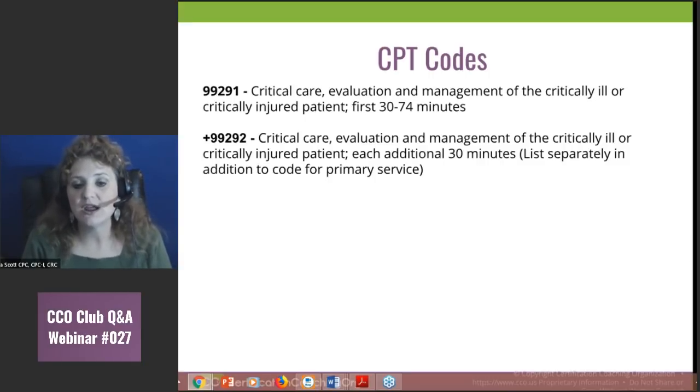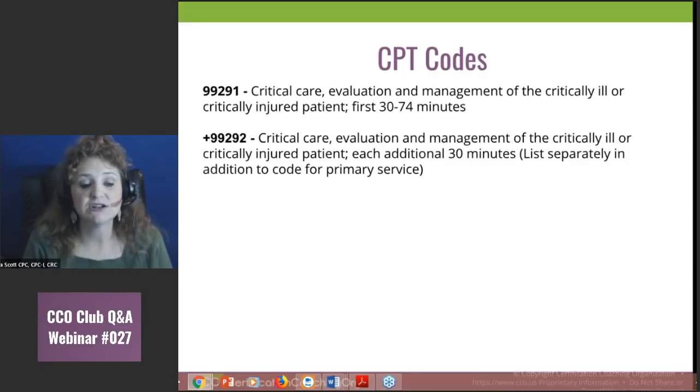Now, note what we have in our parentheses. You're going to list separately in addition to the code for the primary service. Let's say you had a patient that was seen by the provider for critical care evaluation and management for 75 minutes.